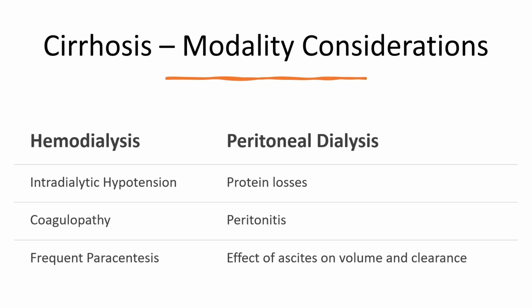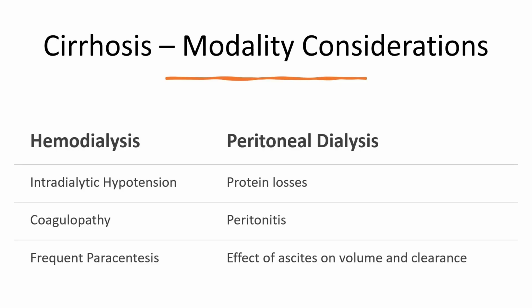With peritoneal dialysis, you do have protein losses. So initially the albumin level does decrease after starting peritoneal dialysis, but it does tend to stabilize thereafter. Patients that have cirrhosis sometimes get spontaneous bacterial peritonitis.